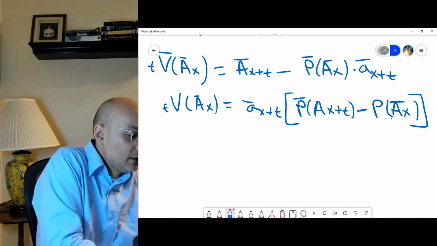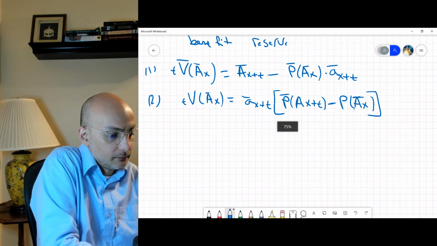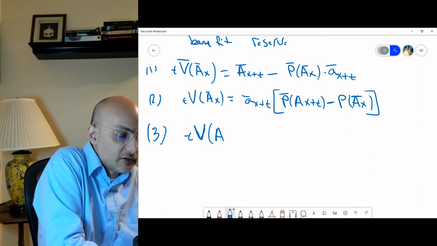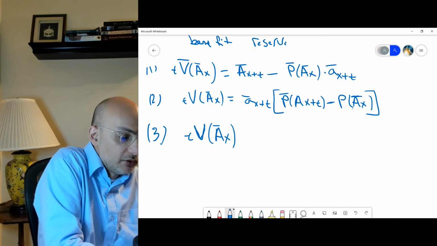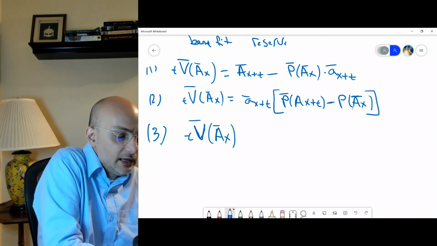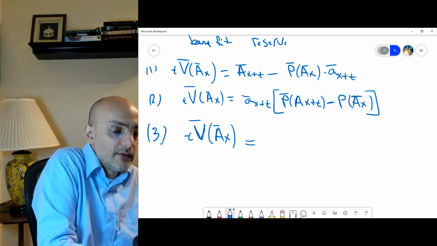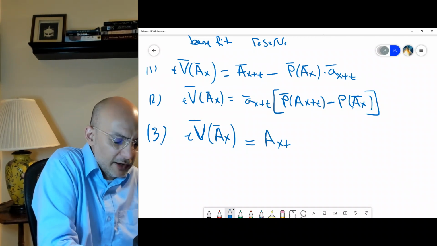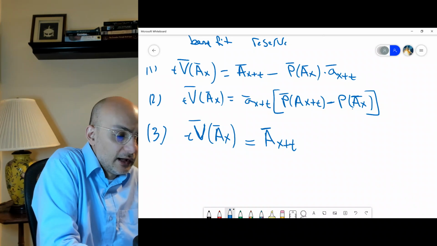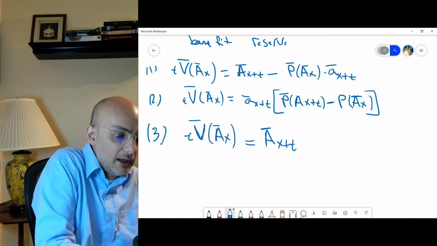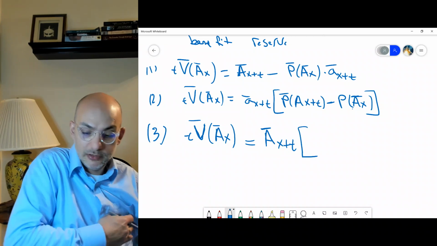Now let's take the third one. Another formula here, tVAx. Again, V is the reserve for a continuous whole life insurance policy issued for age x. Now imagine if you factor out the Ax, if you go back to the original one and, after a little manipulation, factor out this one. Let's see what you are left with.